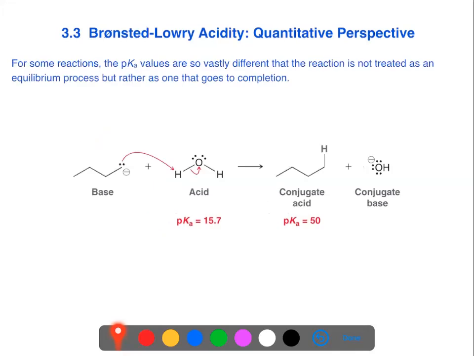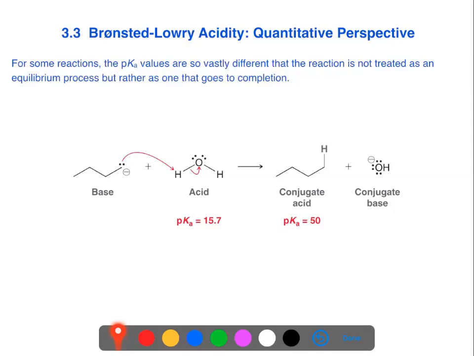Now, for some reactions, because the pKa values are so vastly different, the reaction is generally not treated as an equilibrium process, but rather as one that goes to completion. And so we'll use a different type of arrow to describe these reactions where the likelihood of a reversible reaction is quite insignificant.